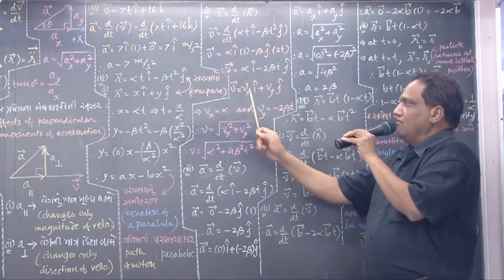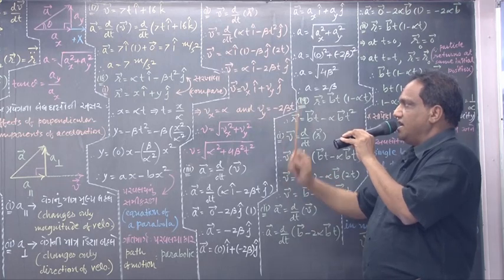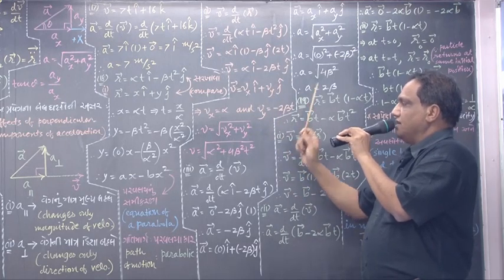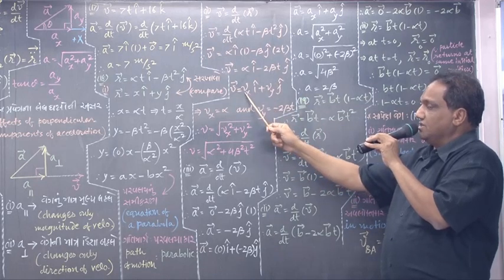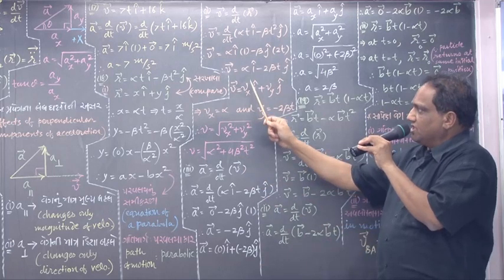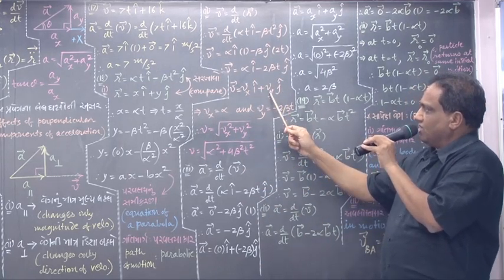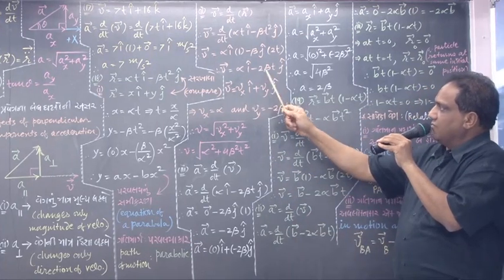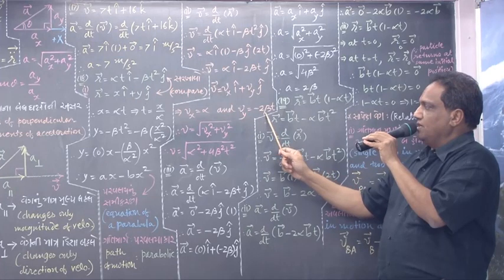Fine. Now we also know that vector v in two dimensions equals Vx i hat plus Vy j hat. Compare the coefficient of i hat. What is it here? Vx. And here the coefficient of i hat is alpha. So Vx equals alpha. And the coefficient of j hat? Here it is Vy, and there it is minus 2 beta t. So Vy must be minus 2 beta t.